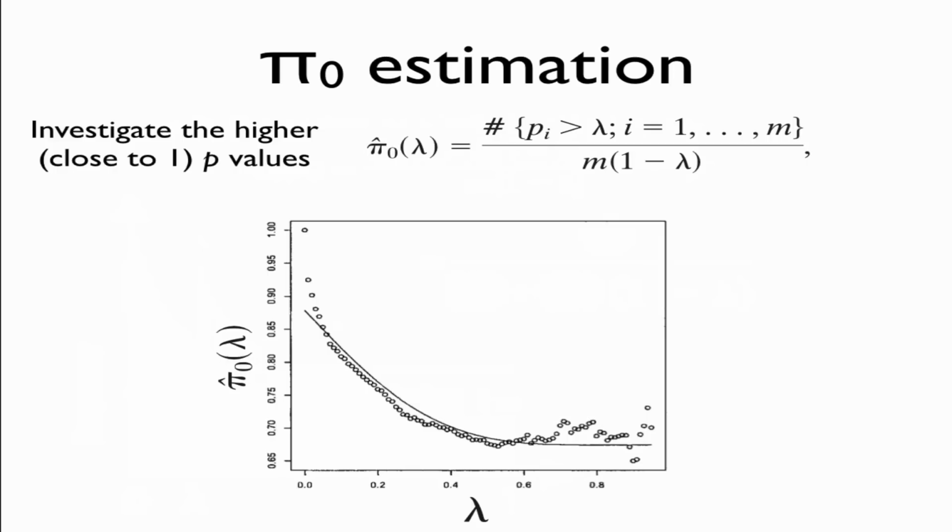The way they solve this in the article is that they calculate pi0 estimates for a whole set of different lambdas, and then they fit a third degree polynomial to this distribution, see where that polynomial hits lambda equals 1, and use that as the pi0 estimate for subsequent calculations.